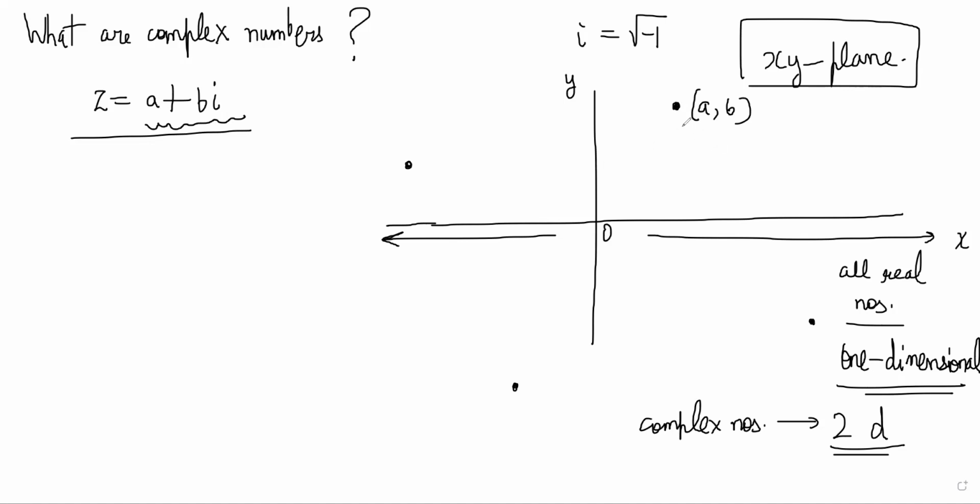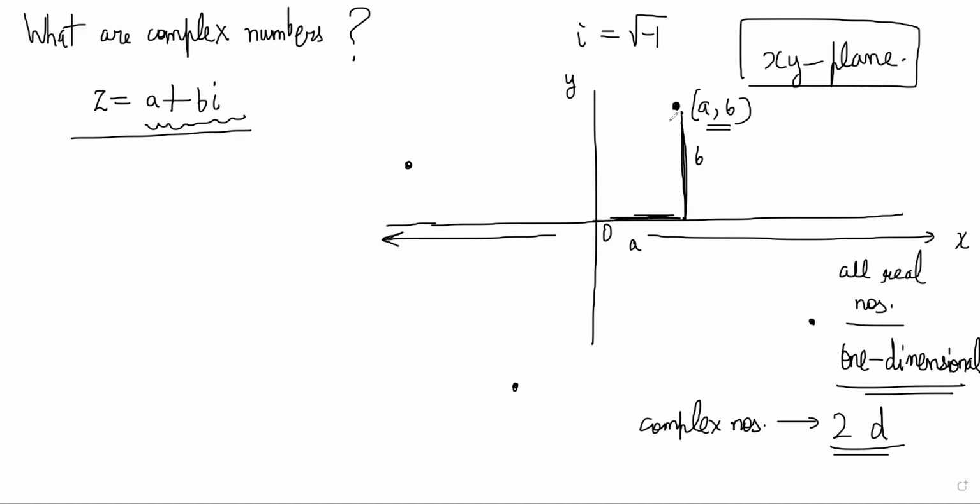You can say this point on this plane is a comma b, where a is this distance and b is this distance, right? Yes, sir. So if you take two real numbers, you can specify any point on the xy plane, and that point marks a complex number.